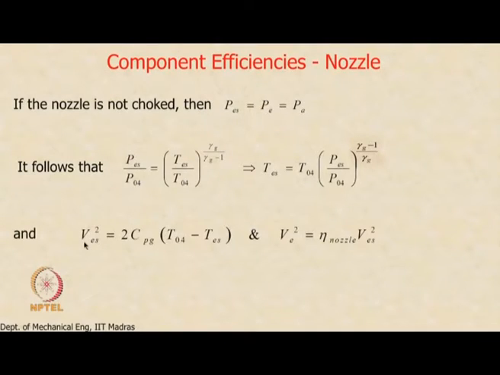So, I can calculate the velocity corresponding to that state, because T04 is equal to TES plus VES square over 2 CPG. So, I can calculate VES square based on this relationship. Once I have this, I can calculate the exit velocity using the definition of the nozzle efficiency. Okay, so now I have both the quantities that I wanted, the exit pressure, exit static pressure and the exit velocity. This is for the case when the nozzle is not choked.